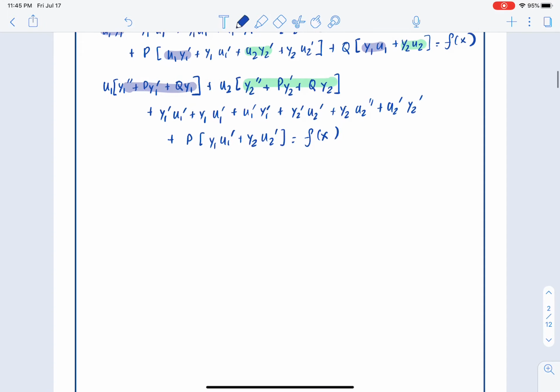Well, we know y1 and y2 are solutions to the associated homogeneous DE.